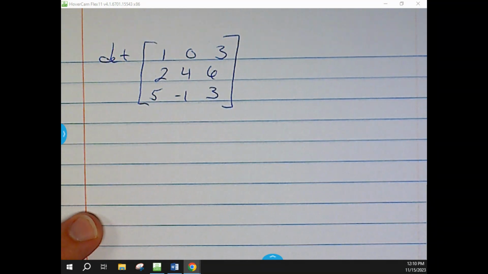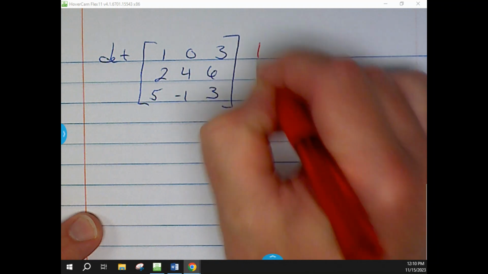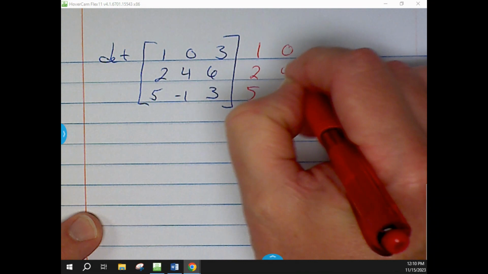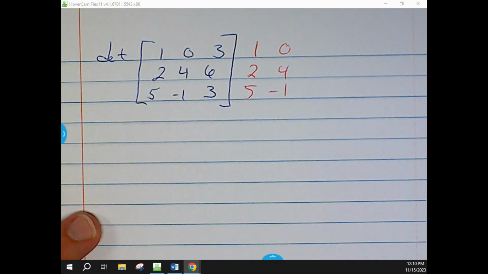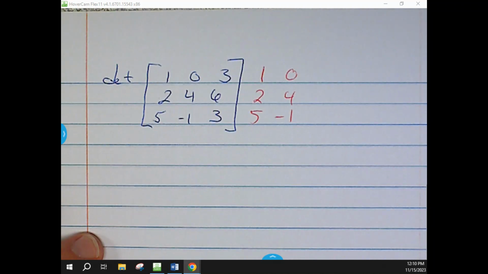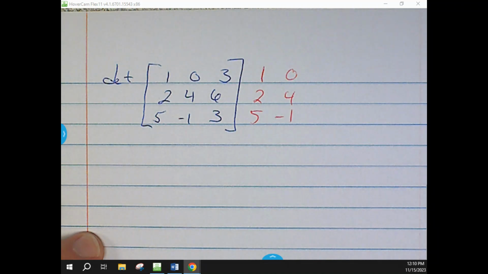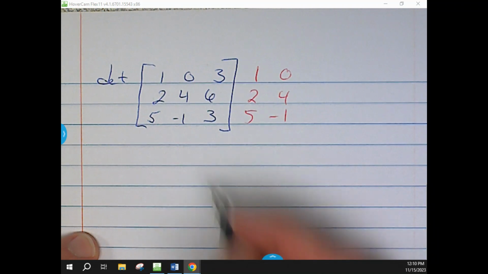Okay, so again, very first thing we're going to do once they give us this one is you would write it down, obviously, and then go back and write down the first two columns out beside it. Okay, and then it's not hard. Just make sure you keep up with your multiplication as you go through.